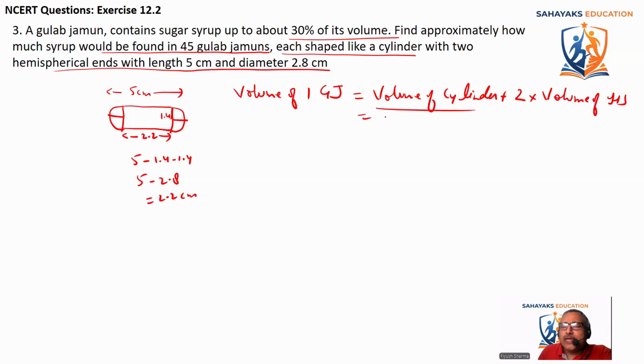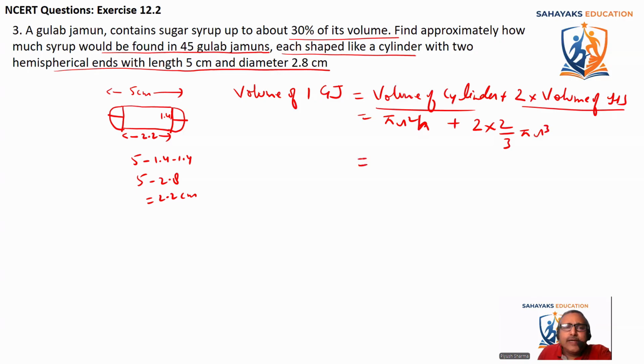What is the volume of cylinder? It is pi r square h. The h is different here. Plus the volume of the hemisphere: it is 2 multiplied by, what is the volume of hemisphere? It is 2 by 3 pi r cube.